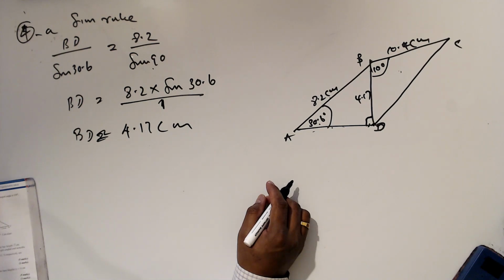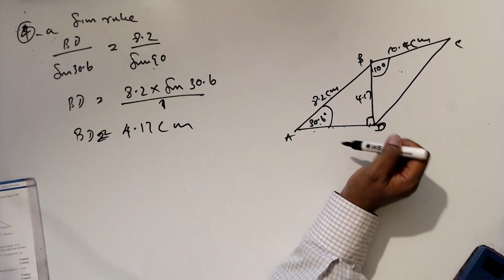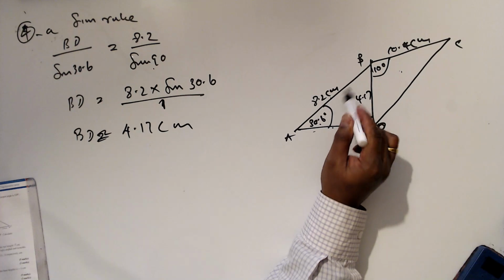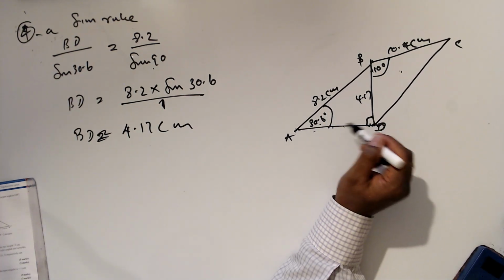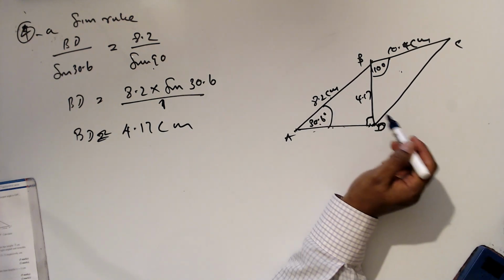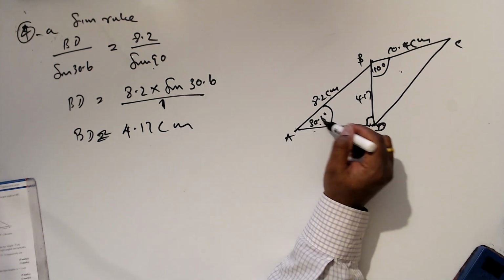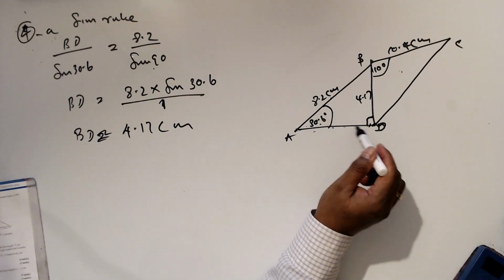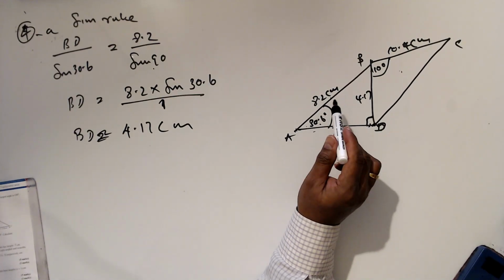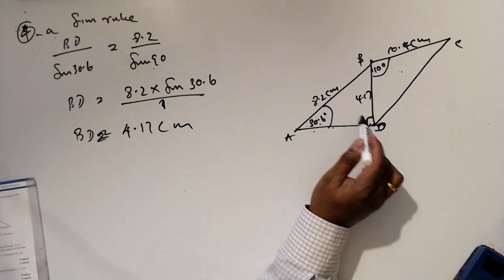And now we can find AD from Pythagoras also, but that is lengthy. We can find it with the cos ratio. AD is going to be the adjacent and AB is the hypotenuse.